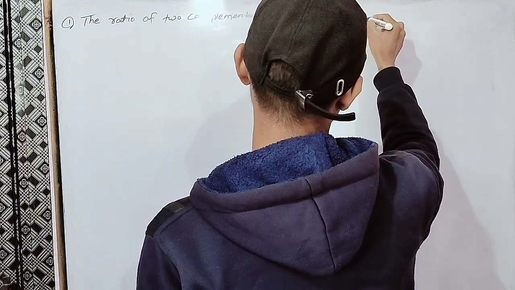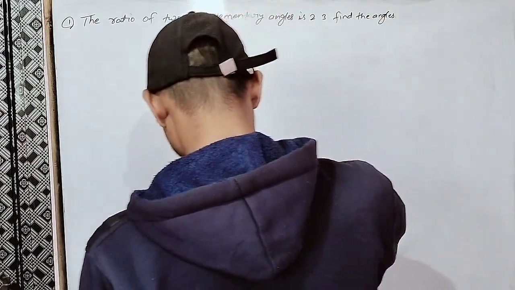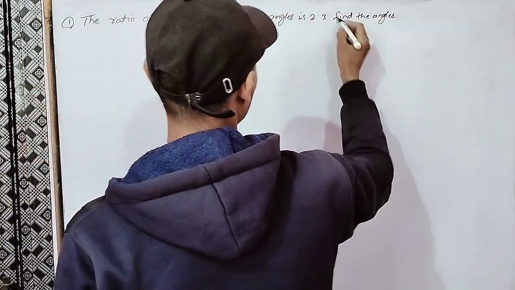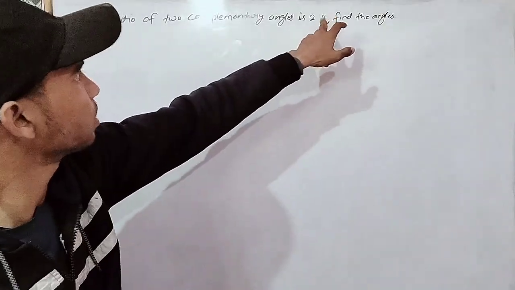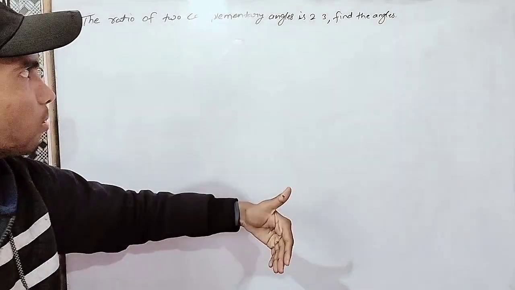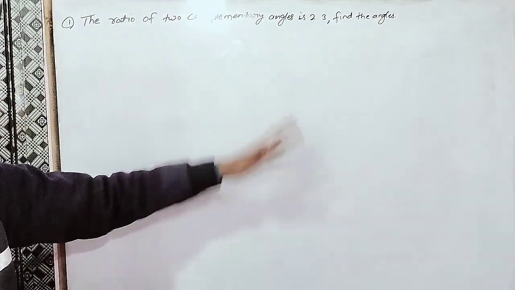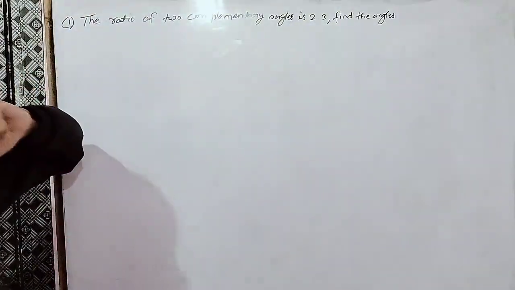Find the angles. So we have a ratio, 2 by 3. It can be written as 2 upon 3. Clear? And we have to identify the angles.